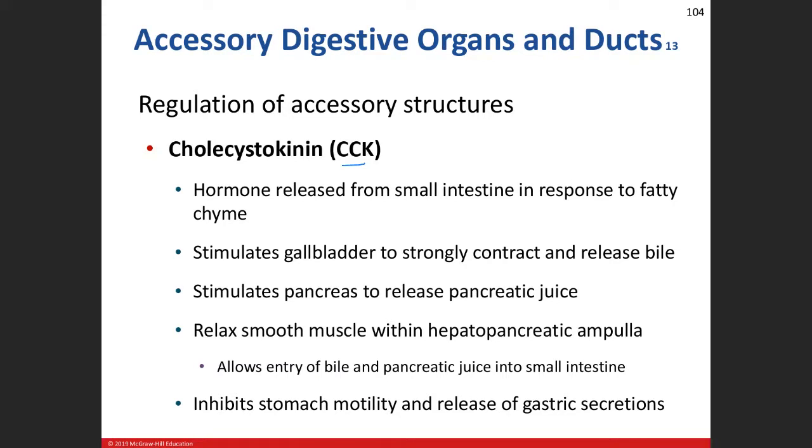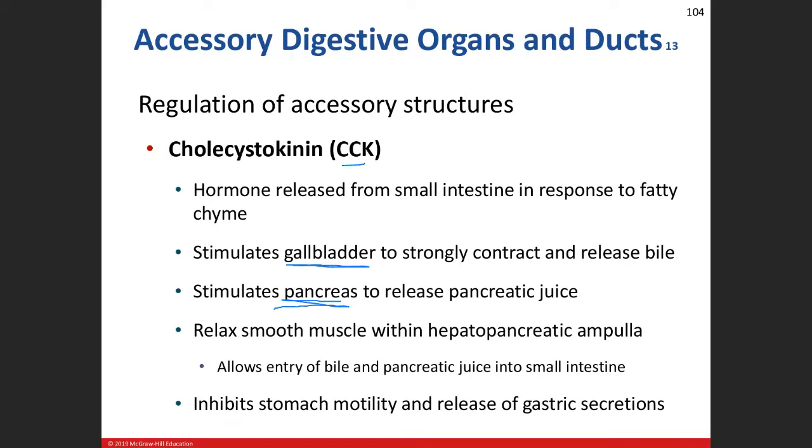The liver is also producing bile, and so that bile will then enter into the small intestine along with our pancreas, because at the same time, while we're stimulating the gallbladder to contract and release its bile, the pancreas is going to be secreting its digestive or pancreatic juices into the small intestine. So we're going to see that chyme get mixed up with a lot of things.